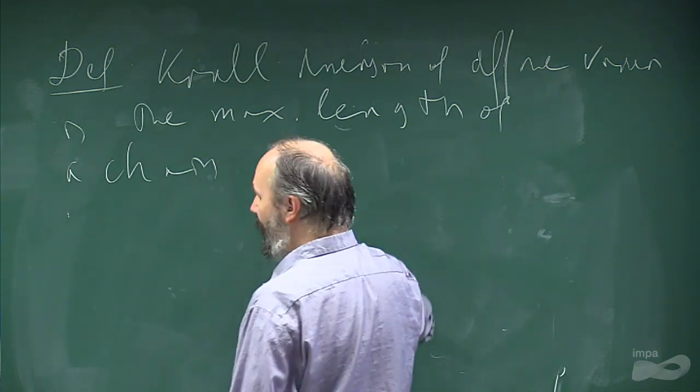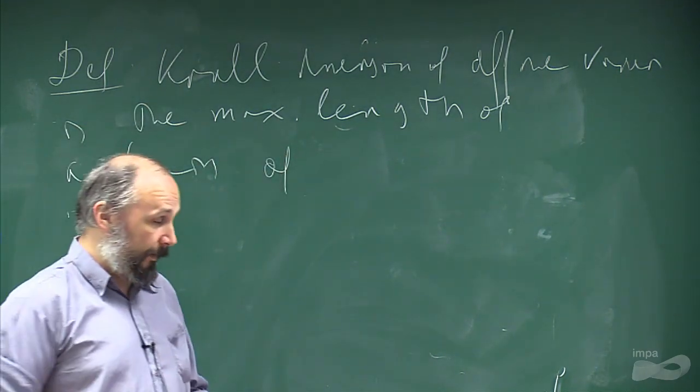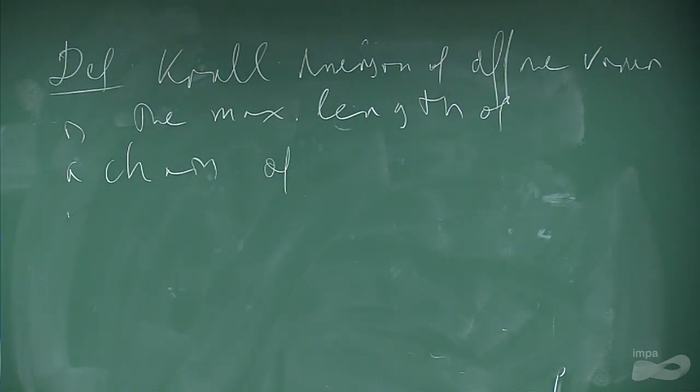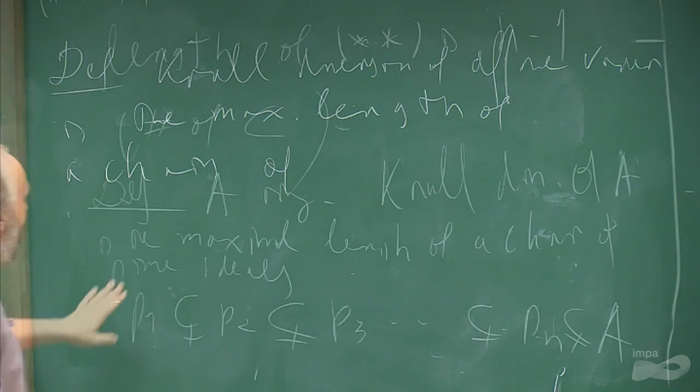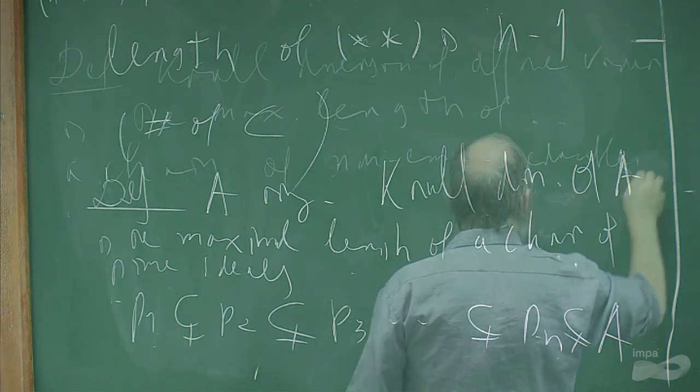Empty corresponds to the ideal which is the whole ring of regular functions, and we don't allow that, so it shouldn't be equal to A. I'm sorry, I didn't write it, but this is our definition of ideals: A is not an ideal. So a maximal chain of non-empty irreducible subvarieties.